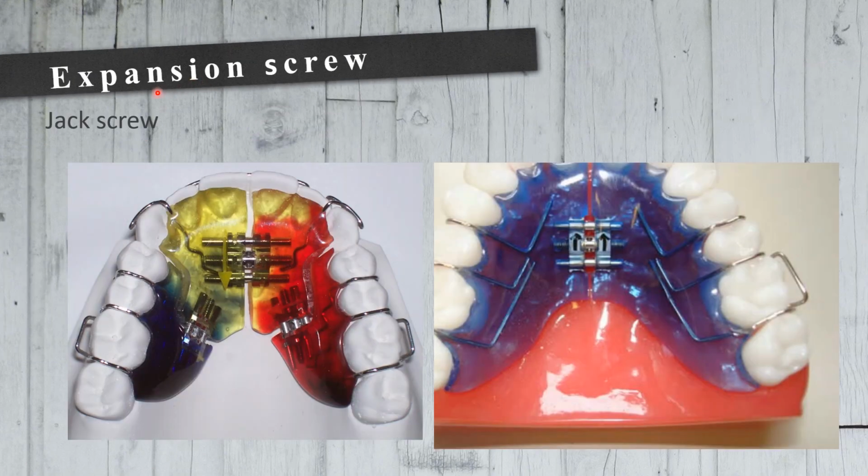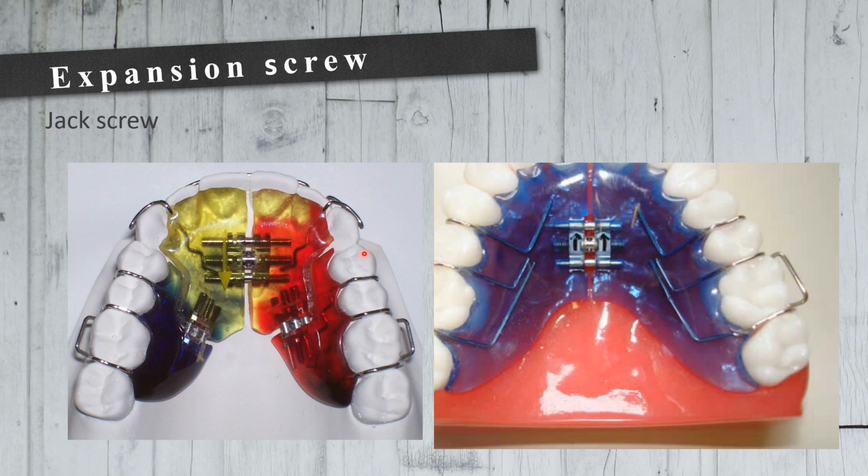The expansion screw is another type of active component of the removable orthodontic appliance. For example, the jack screw can be inserted in the acrylic base plate by dividing the base plate into two parts, joined by the expansion screw or jack screw, which produces lateral movement of the buccal segments and expansion of the arch in cases of posterior crossbite.